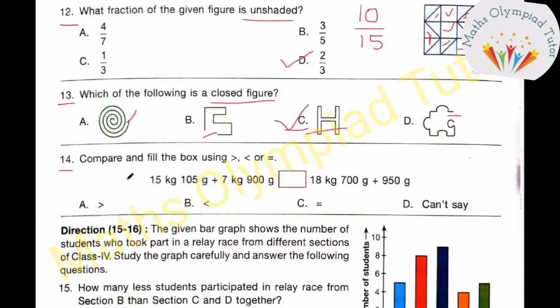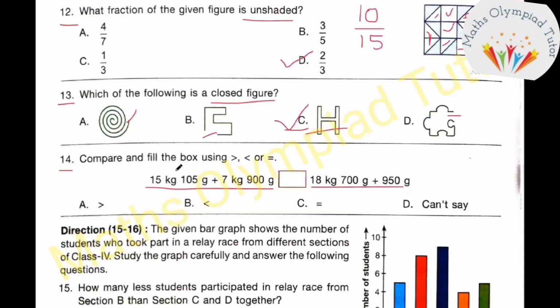Question 14 says we have to compare and fill the box with these signs. On the left hand side it is 15 kg 100 gram plus 7 kg 900 grams. Here we only have to compare, so it is not needed that we must find the exact value. We just need to have an idea which side is greater.